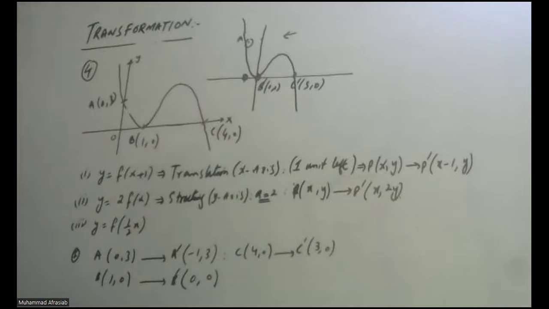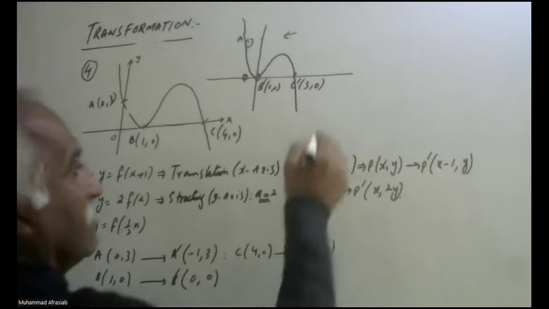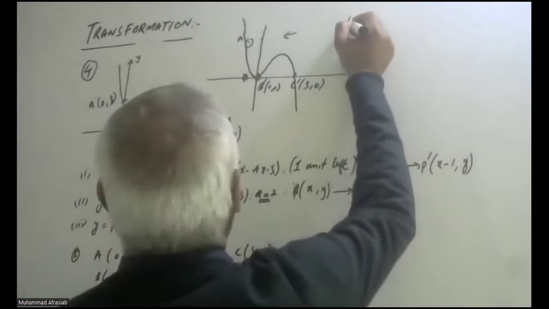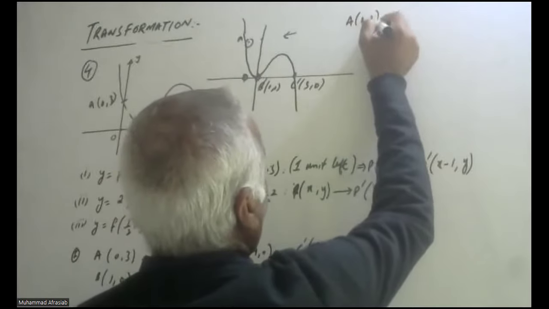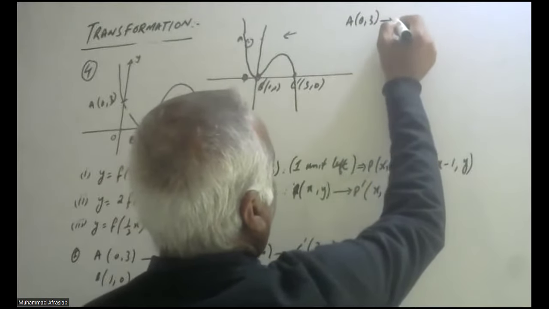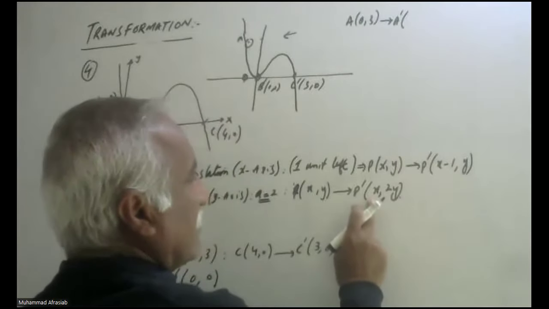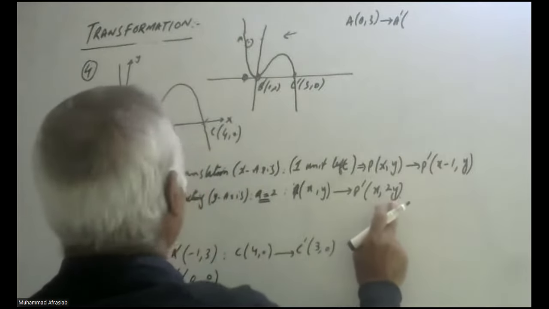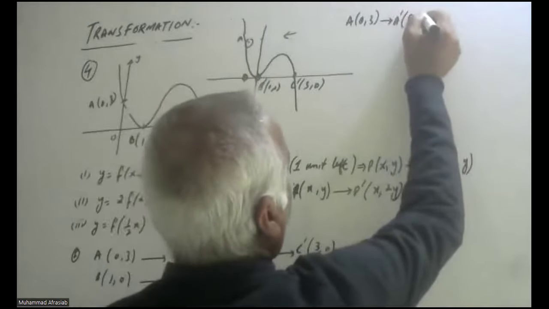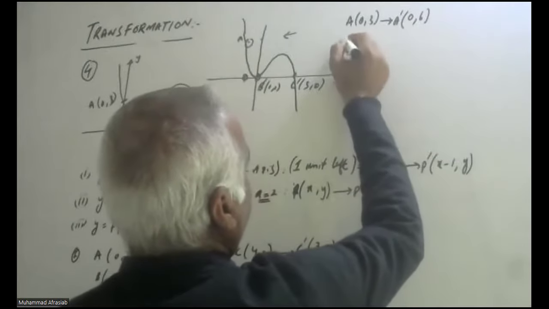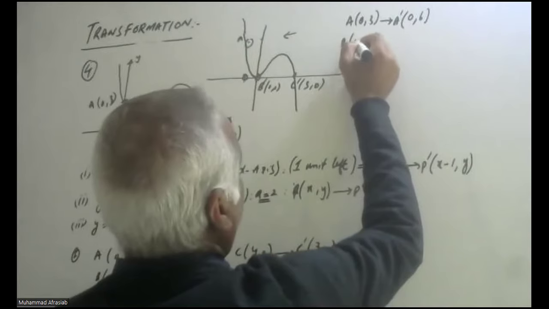So we are going to make the coordinates of this portion. That A, which is (0, 3), will now become A dash. According to this, the x coordinate is the same and the y coordinate is doubled. So this point will become (0, 6). B point is (1, 0).